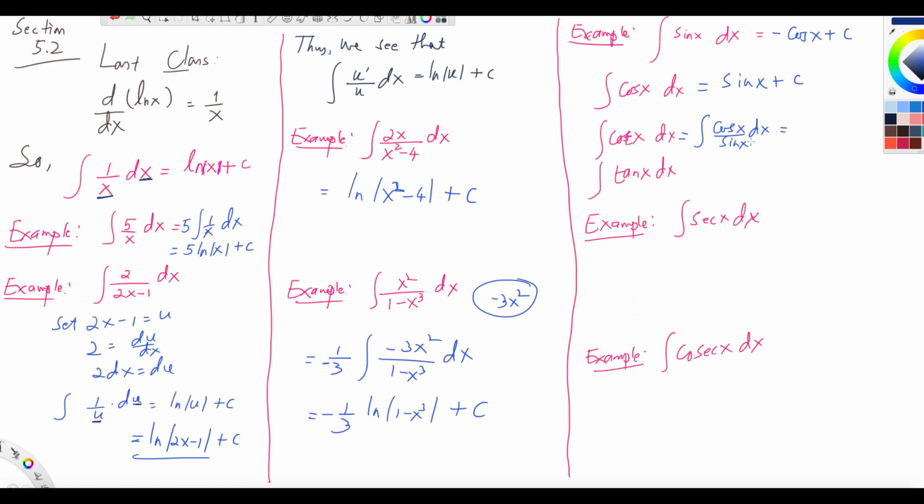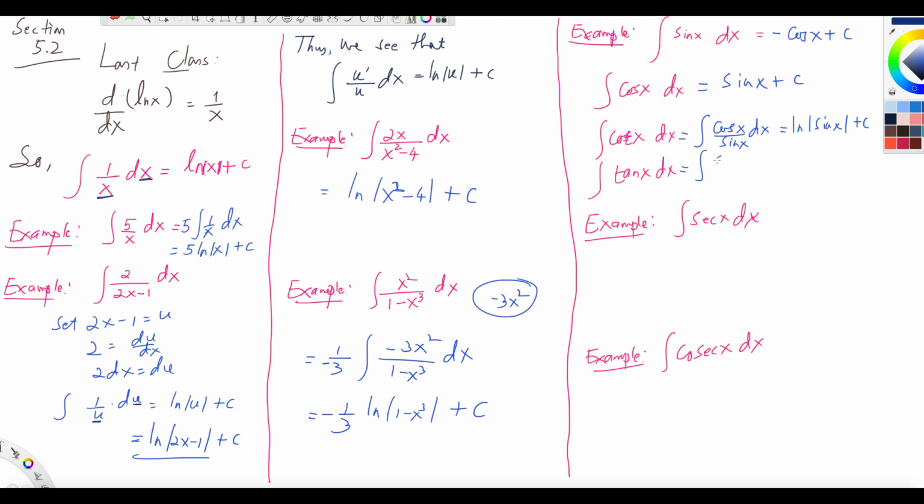Because there is a function in the denominator whose derivative is in the numerator, because the derivative of sine x is cosine x, right? If there is a function in the denominator whose derivative is in the numerator, then the integral is the natural log of the denominator function plus c. Here, that's the same thing. So you write the natural log of the absolute value of sine x plus c. That's all.